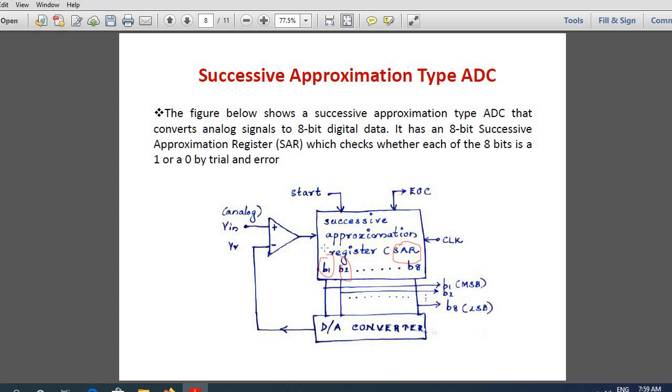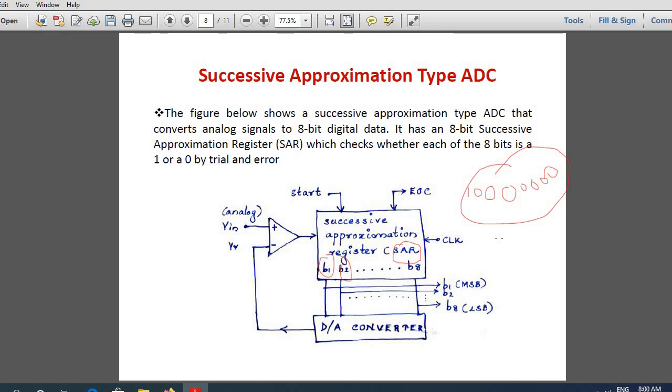So B1 will be 1, and all the remaining bits will be 0. So what is your trial code now? You call it the trial code. It is 1, 0, 0, 0, 0, 0, 0, 0: 1 followed by 7 zeros, since it is 8-bit data. So when the start command is given, the first clock is applied to SAR, the first bit is set to 1, and your register has this data now. This is your first trial code.